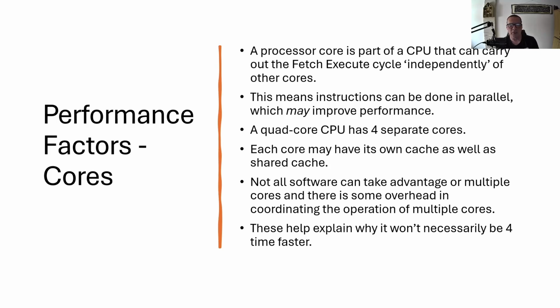It can do, and it often will, but not always. And there's lots of other factors involved, of course. So if you're comparing 2 separate systems, one with a quad core and one with a single core, the quad core may not be faster at all, depending on the other factors. For example, the clock speed, the amount of cache, and so on.